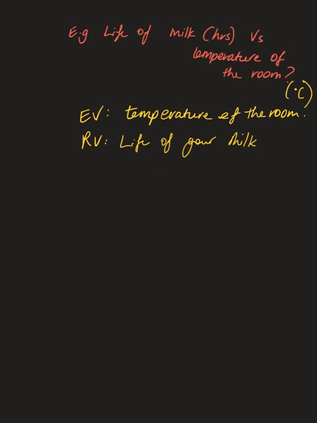So sometimes it will tell you in the question. You just have to read it. But most of the time they'll ask you to tell them which one is the EV and the RV. This is super important because, especially when you get into year 12, sometimes the variables are flipped in the table. So be careful that you sort that out first before you start your graph and everything like that. I hope that has made sense and you can have a crack at 7A.